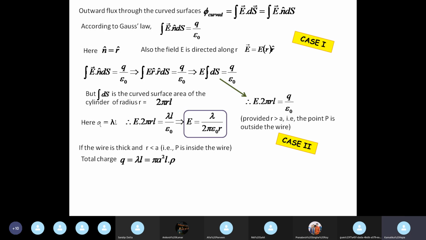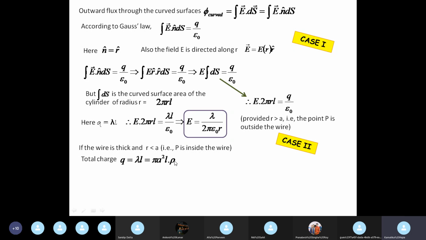Then the total charge Q equal to lambda L is the total charge enclosed by the Gaussian pillbox of length L. So for that part of the charged wire, the total charge Q is lambda L, but in terms of volume charge distribution, it is the volume of that part of the cylinder multiplied by the volume charge density.